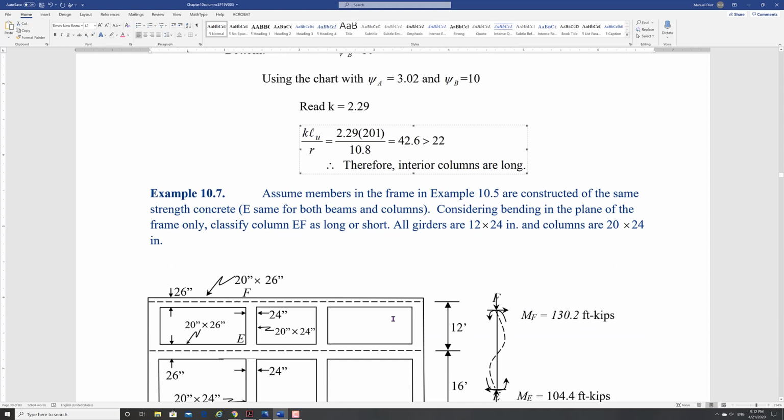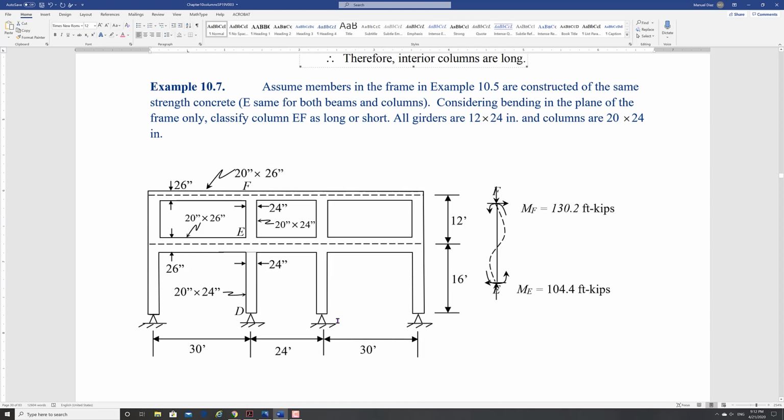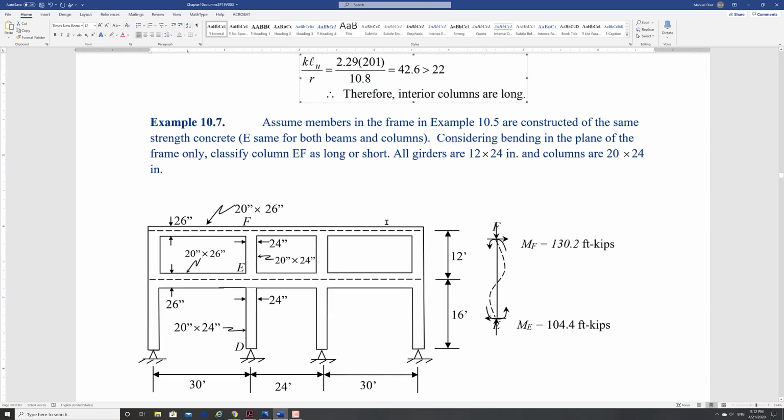This is the frame that we looked at before, when we looked at the Q value. And we're going to give some dimensions to this. So all girders are 12 by 24. Let's see. And columns are not all girders, I think. Yeah, that's not right. 20 by 24 are your columns.